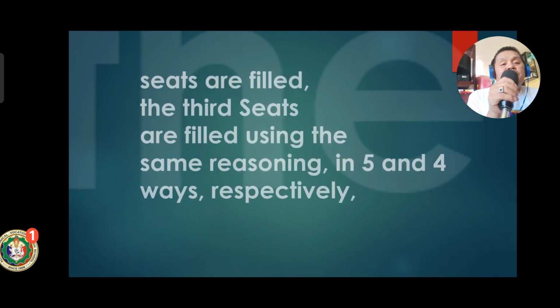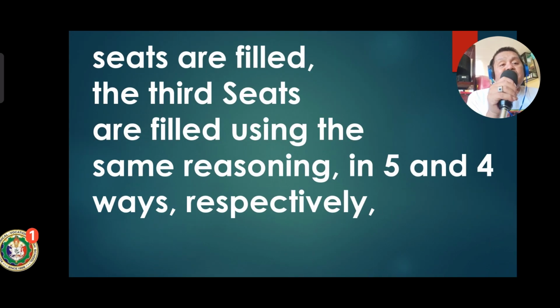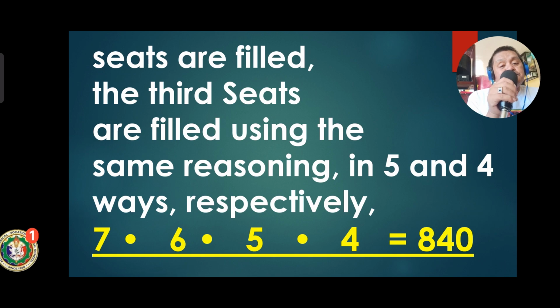After the first 2 seats are filled, the third and fourth seats are filled using the same reasoning in 5 and 4 ways respectively. So we have 7 ways times 6 ways times 5 ways times 4 ways is equal to 840 ways.